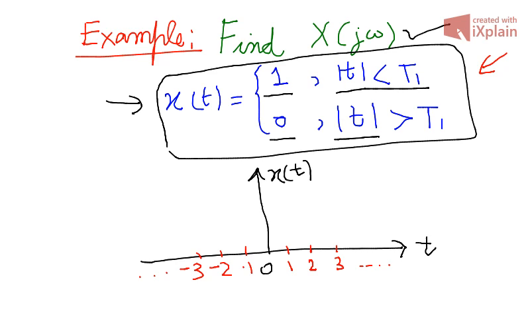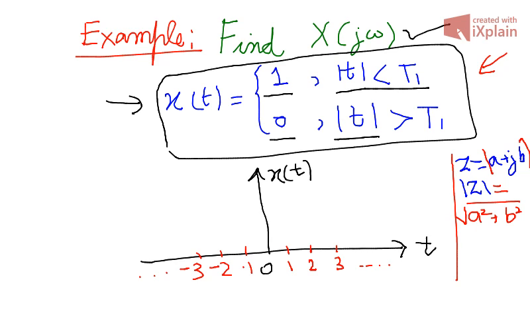As I have mentioned multiple times, if you have a complex number, for example z equals a plus j times b, you can find its modulus by taking the square root of a square plus b square.